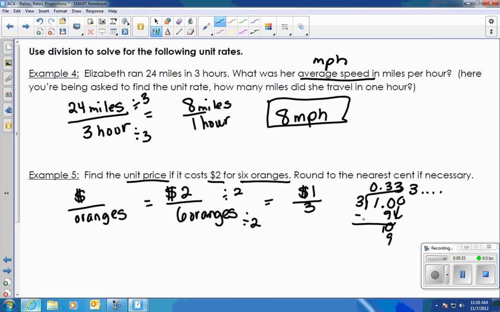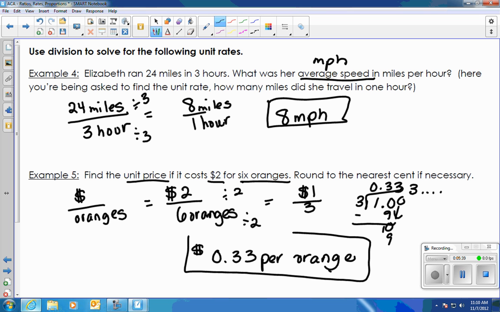So at this point, I know that it's 33 cents per orange. And I know that it's 33 and not 34 because, again, when I'm rounding to the nearest cent, money only has 2 decimal places. The 3 tells me that I need to stay the same, not go up.